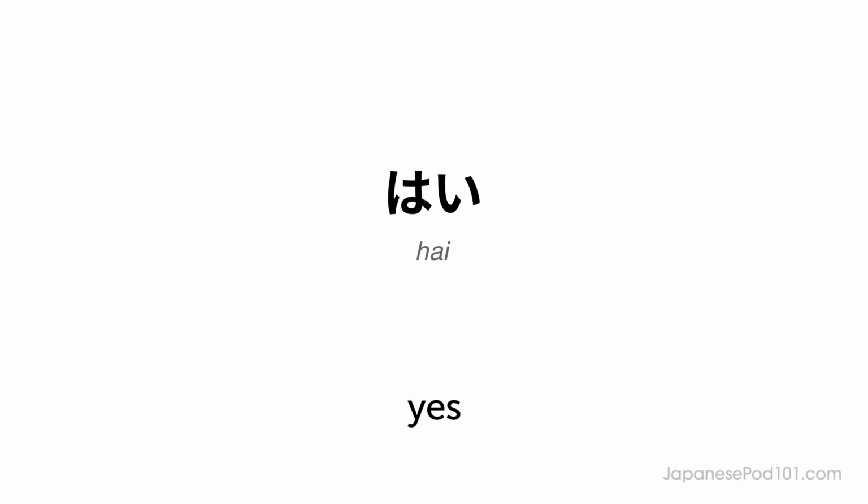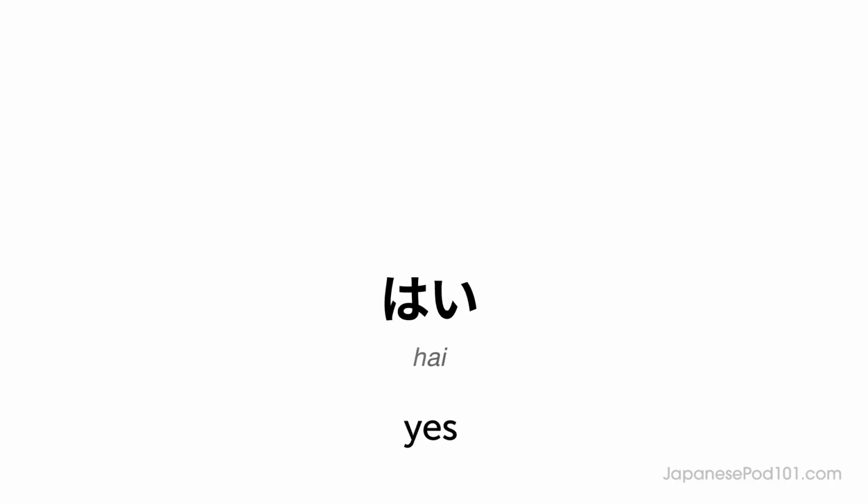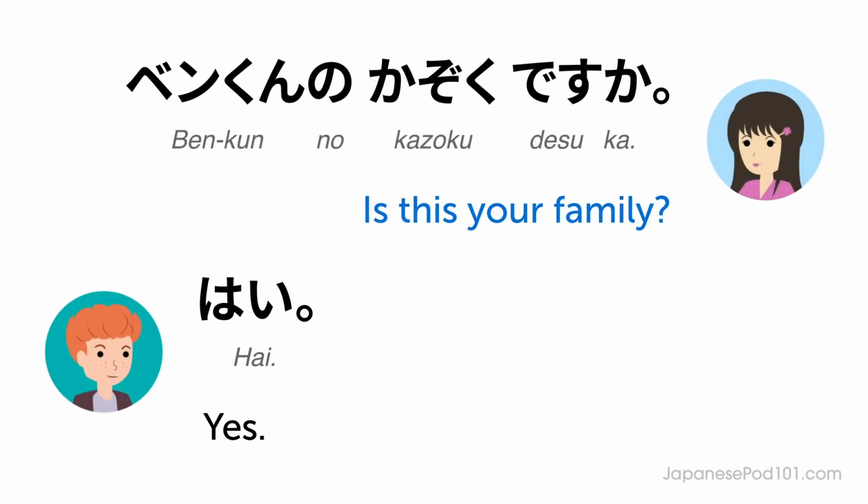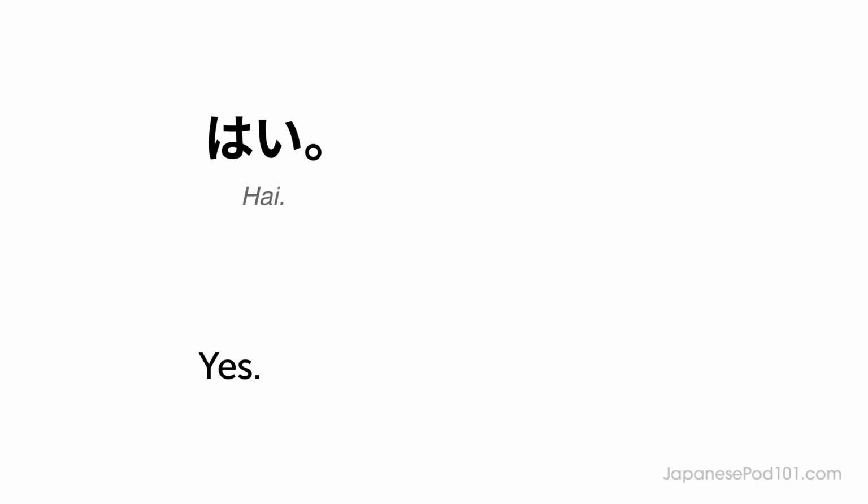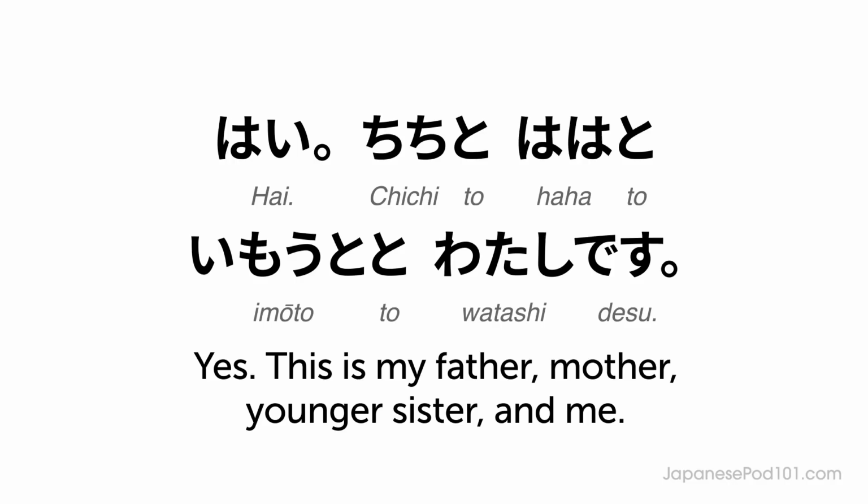The first part is はい, meaning yes. It answers Hana's yes or no question, is this your family? In the second part, Ben lists the different members of his family as he points to each one. 父と母と妹と私です。 This is my father, mother, younger sister, and me.